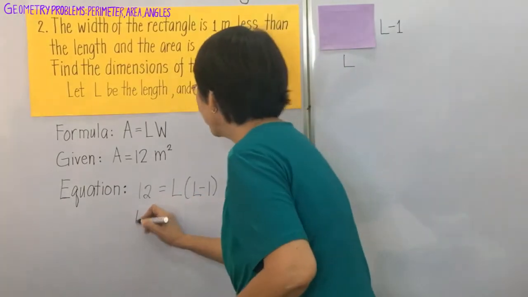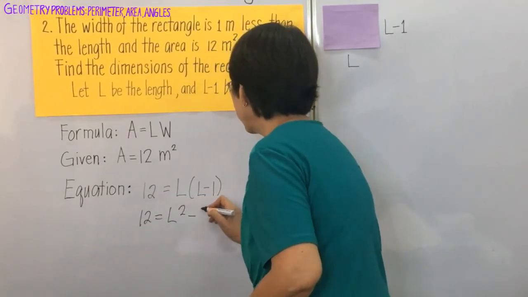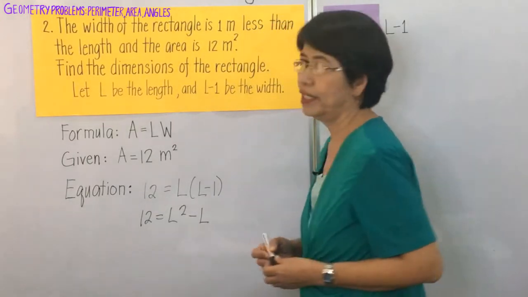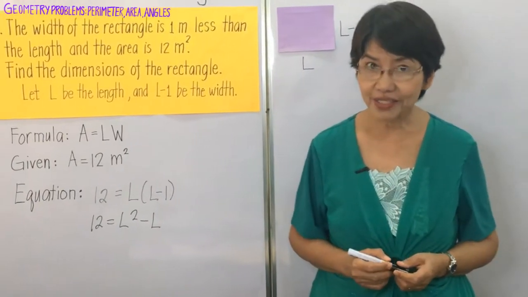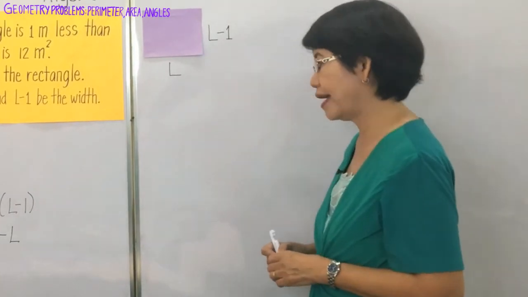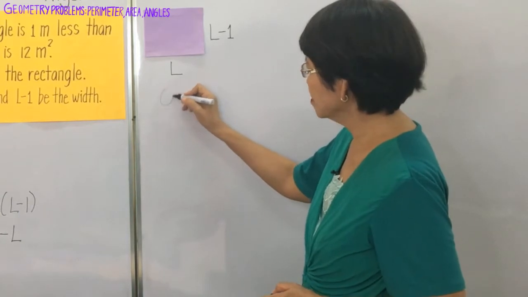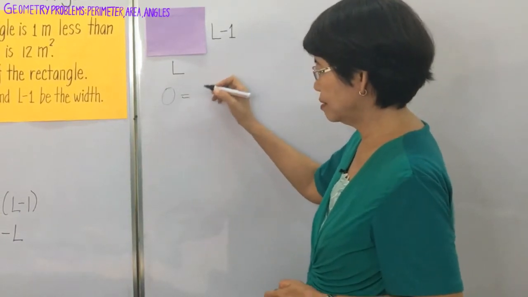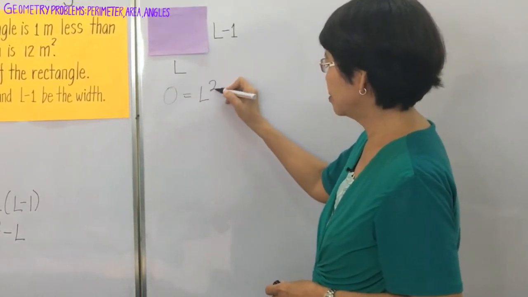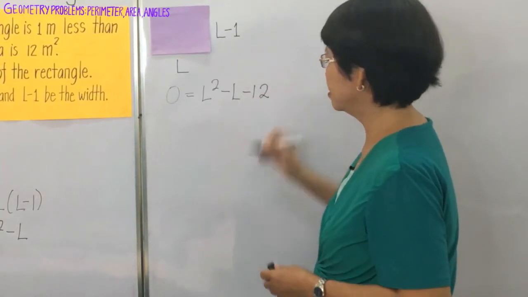And we have 12 equals L squared minus L. And this gives us a quadratic equation. So solving for L, we have 0 equals L squared minus L minus 12.